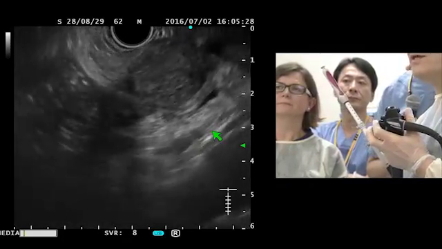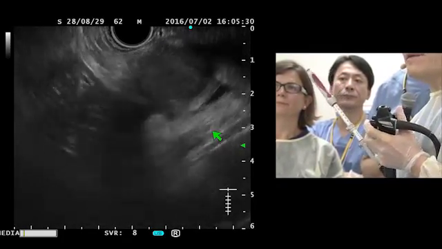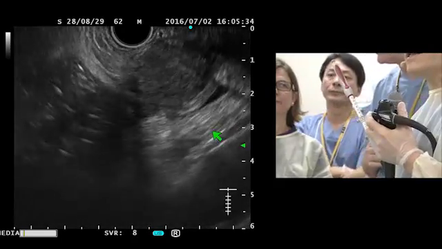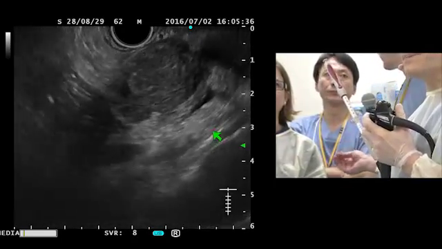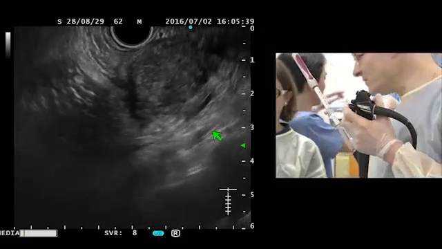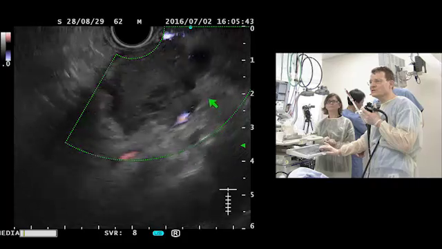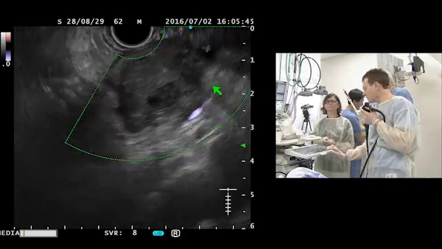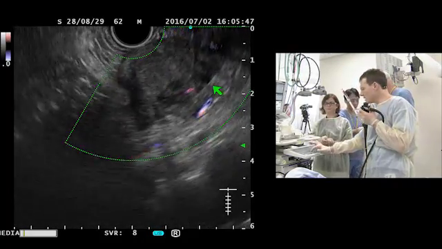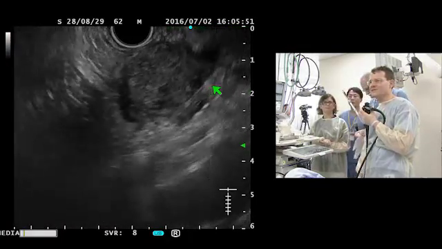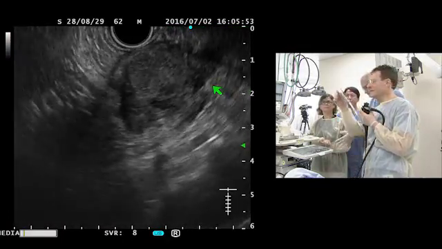So what I'm trying to do now, the best is when I would get into the lesion tangentially. So first of all, we use now a Doppler to exclude vessel interpositions. Now I use the elevator, so you see the needle is now in the tangential position.